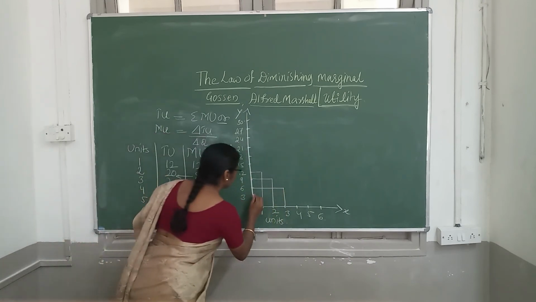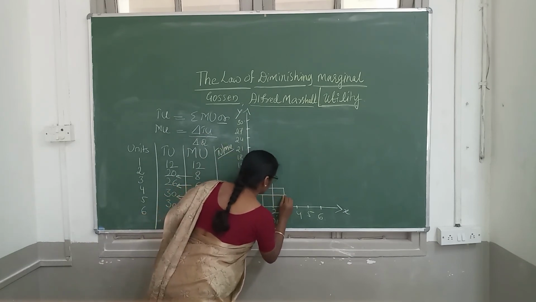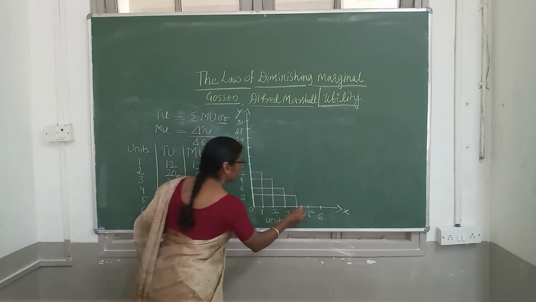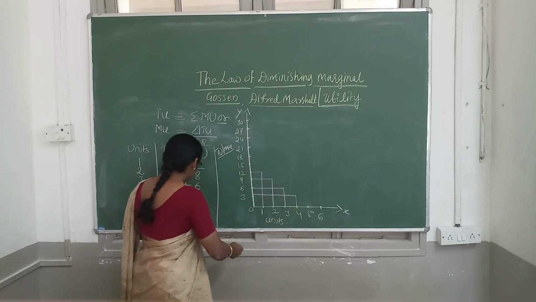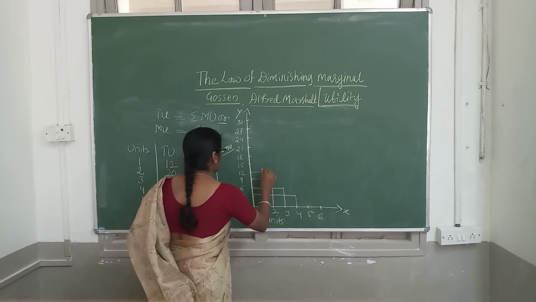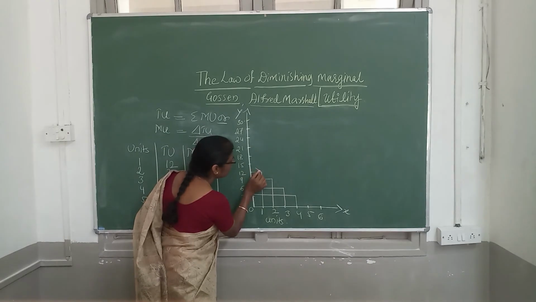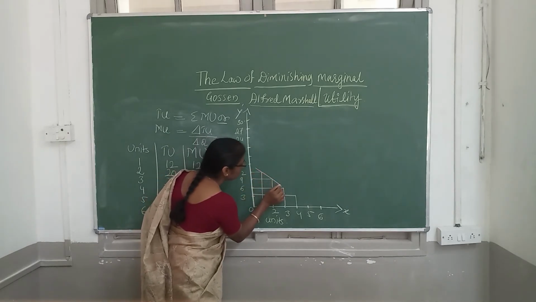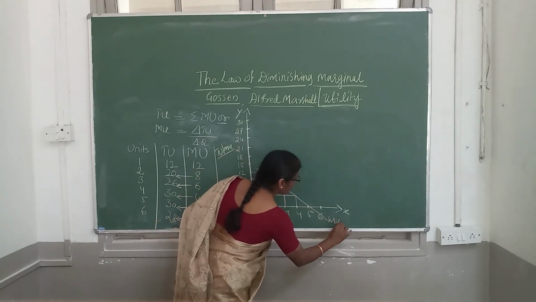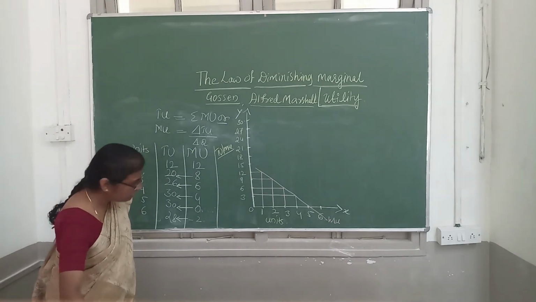Fourth, 4. Then 0, and then it becomes negative. When we join all these, what will we get? The marginal utility curve. What is this? The marginal utility curve.